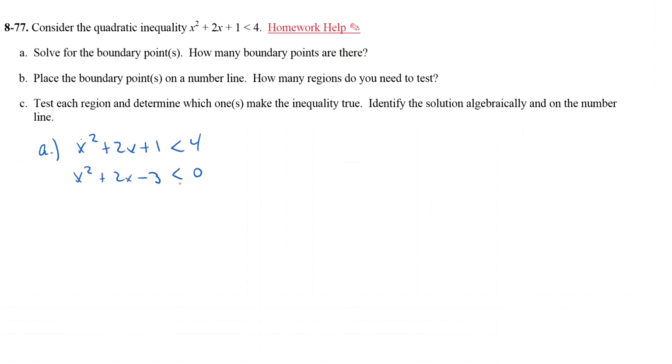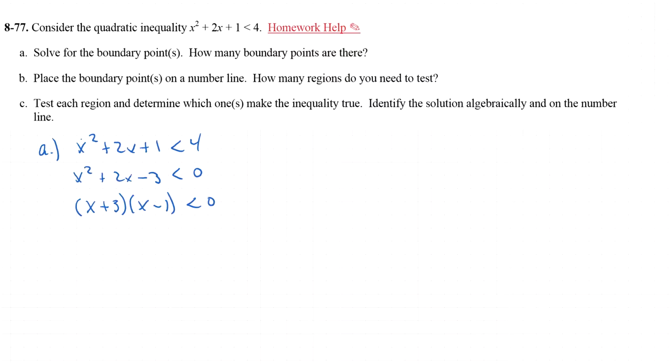Okay, so when we solve this quadratic, the points that we get are going to be our boundary points. So I'm going to factor this. This is going to be x plus 3 and x minus 1 is less than 0.